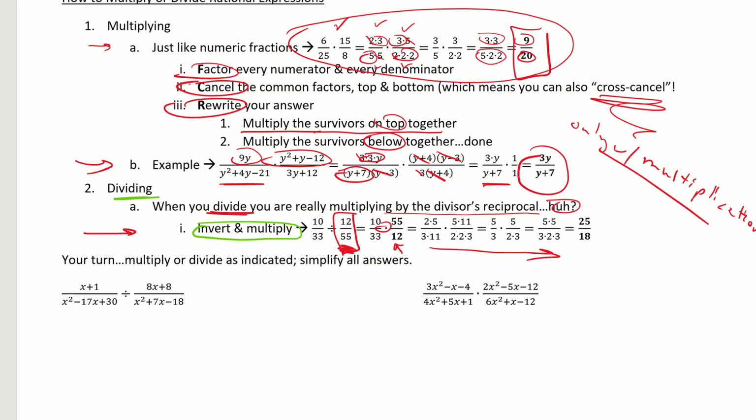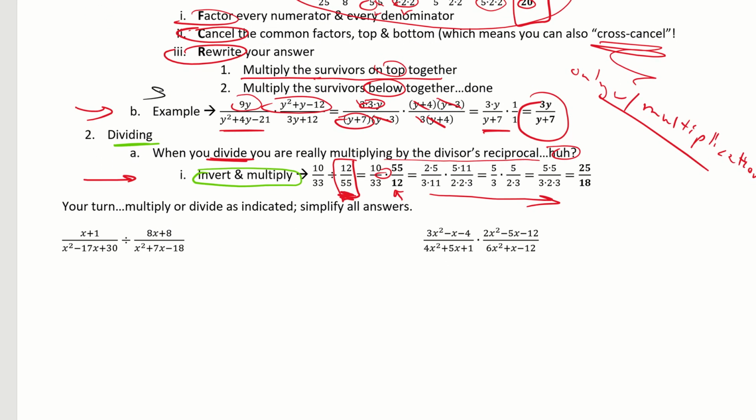You ready? You want to try it first? Okay, go right ahead. Looks like I started us off with a division problem because I gave you a pretty hefty example upstairs here. All right, let's try this one. The first thing you should do is invert and multiply. So I am going to write this first without doing any factoring.